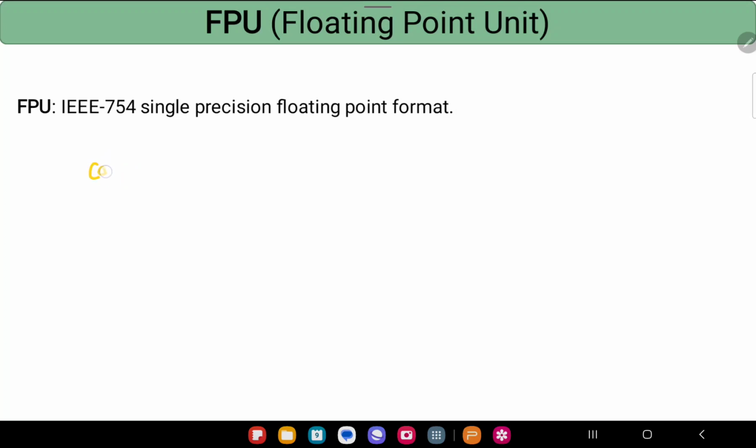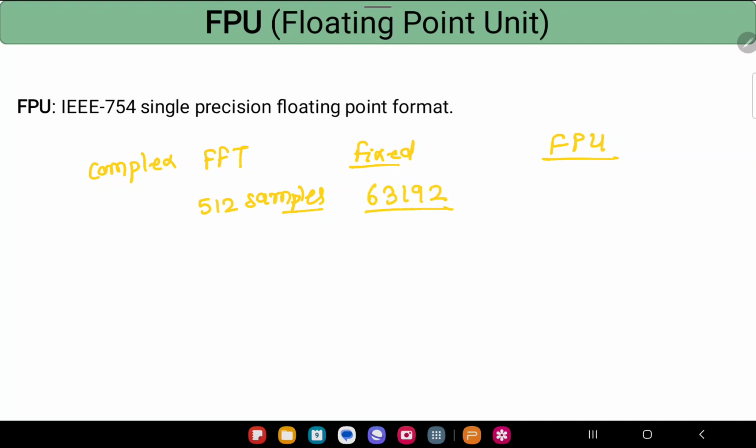For example, if we are doing the complex FFT, we can compare fixed point units and floating point units. For an FFT of 512 samples, if you are using fixed point, 63,192 cycles are required to do the complex FFT.